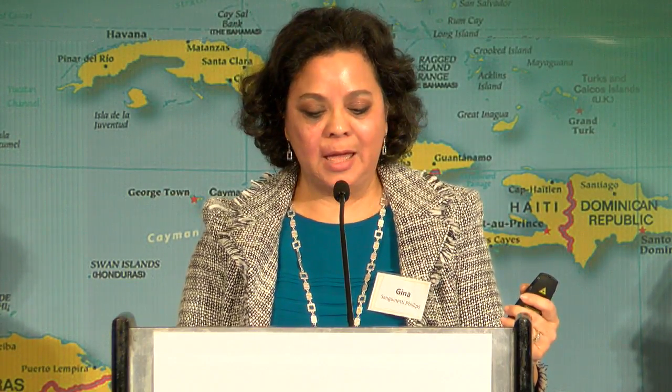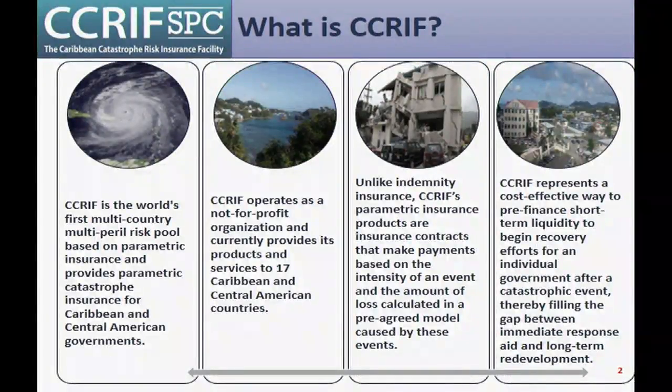Just a reminder, unlike regular indemnity insurance, parametric insurance makes payments based on the characteristics of natural hazards as well as modeled losses from those hazards on the affected country. That assessment can be done very quickly after an event, so we don't have to wait for on-the-ground loss adjusters to do their assessment.